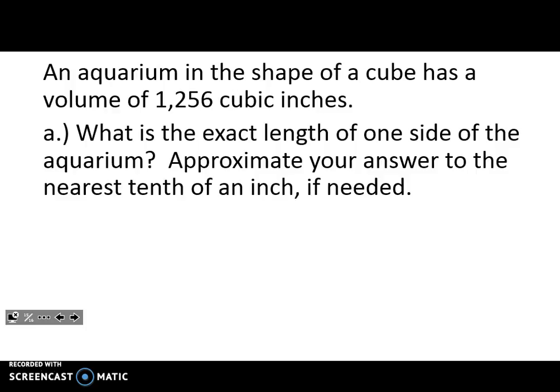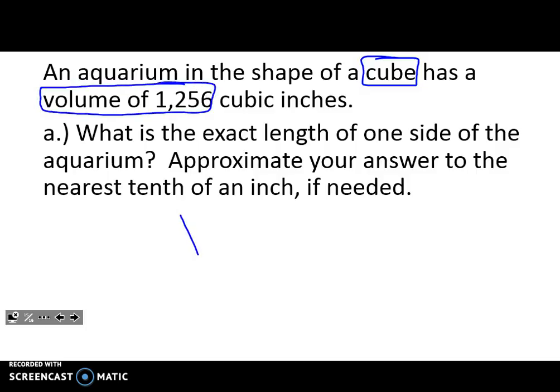An aquarium in the shape of a cube has a volume of 1,256 cubic inches. What is the exact length of one side of the aquarium? Approximate our answer to the nearest tenth of an inch. So it tells us that the aquarium is in the shape of a cube, and it tells us our volume.